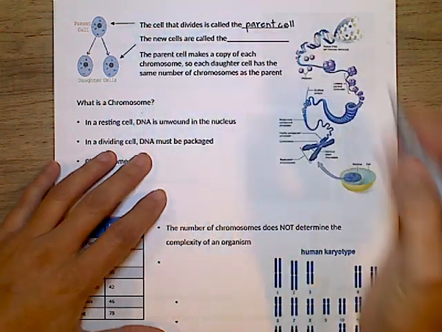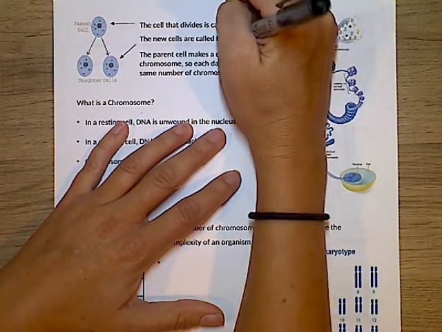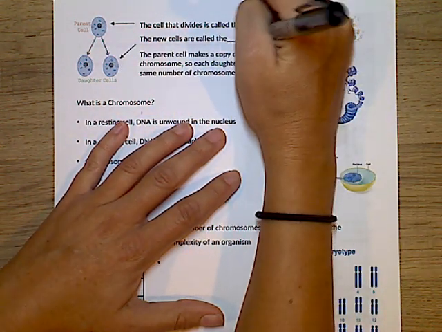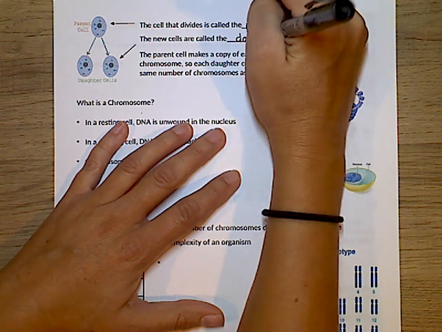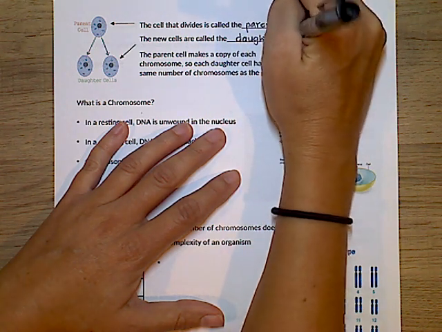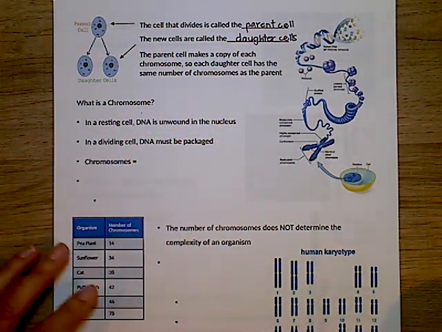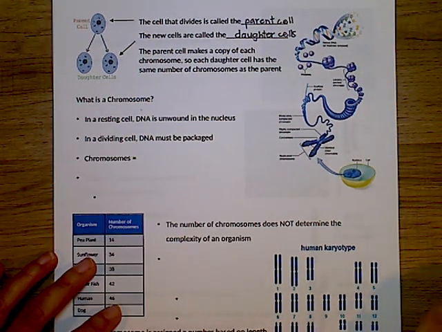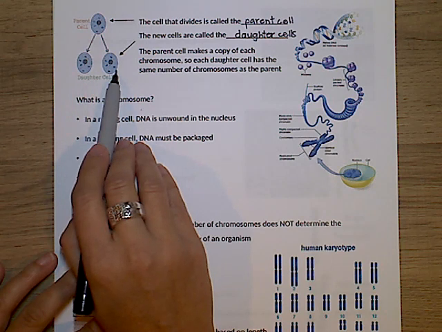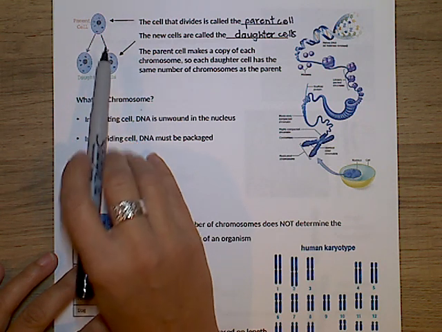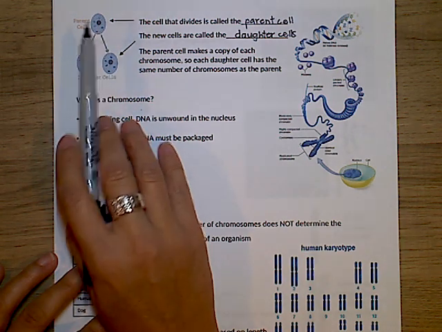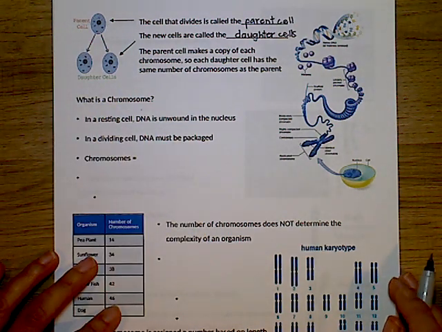And the new cells are called the daughter cells. And each of these daughter cells are genetically identical to the parent cell, disregarding mutations.